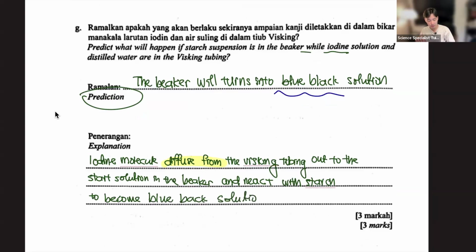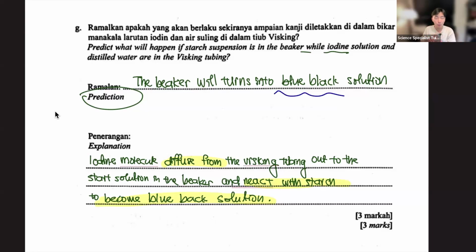Blue-black means dark blue. Becomes dark blue solution gives you marks. React with starch, remember. Where does the dark blue color come from? It comes from the reaction of iodine and starch.